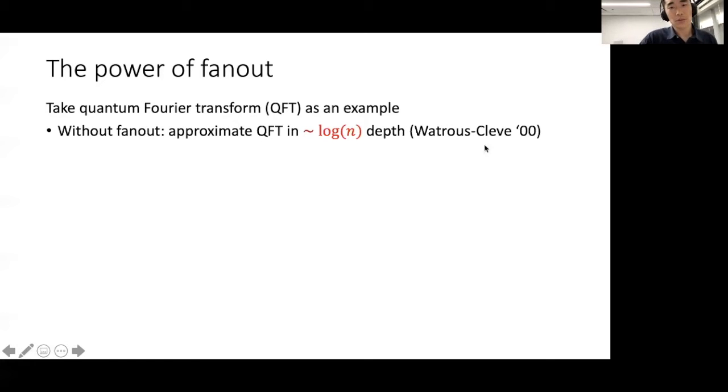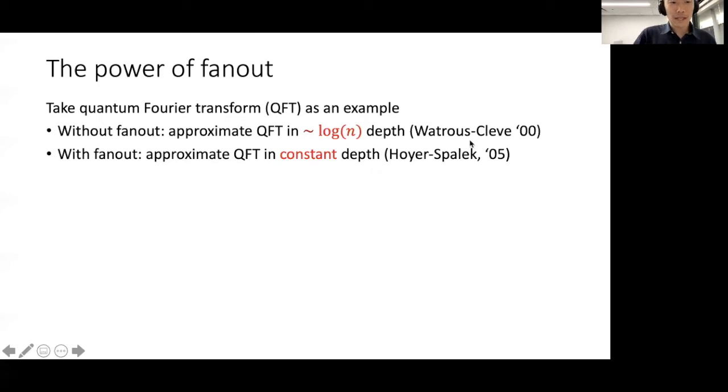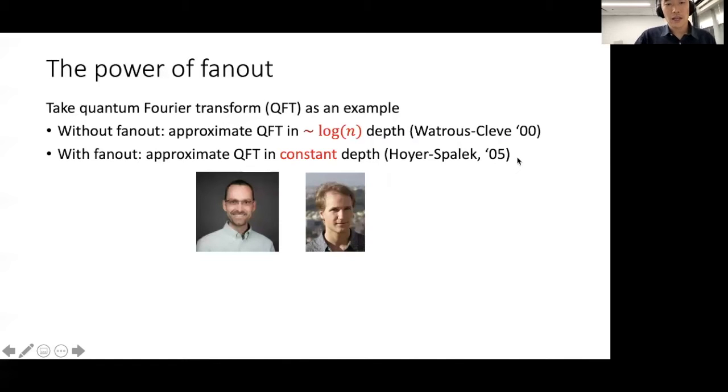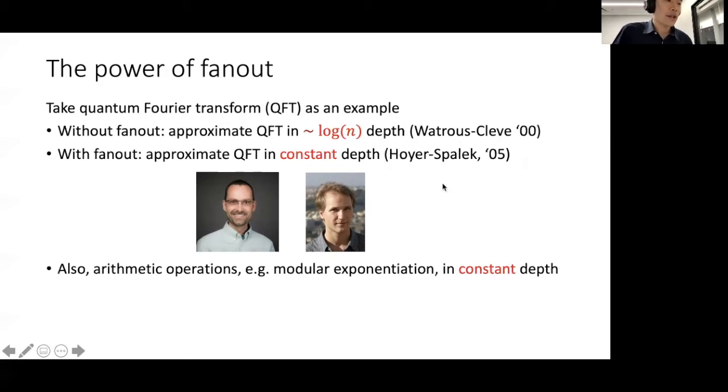This was shown by John Watrous and Richard Cleve. But with fanout, you can do the approximate QFT in constant depth. And this was shown by Peter Høyer and Robert Špalek in 2005. They were also able to show that you can implement certain arithmetic operations, such as modular exponentiation, in constant depth.